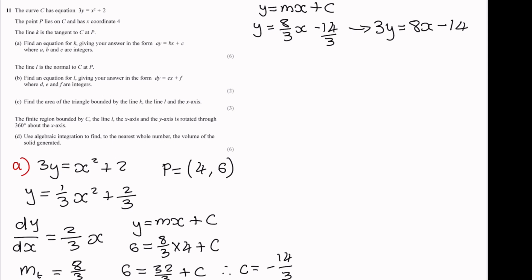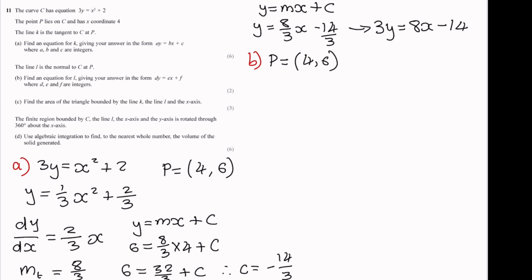Part B. The line L is the normal to C at P. Find an equation for L, giving your answer in the form dy equals ex plus f, where d, e, and f are integers. So it's at the point P, so we can use the same coordinate we used in part A, which we know is (4, 6). But this one is the normal.